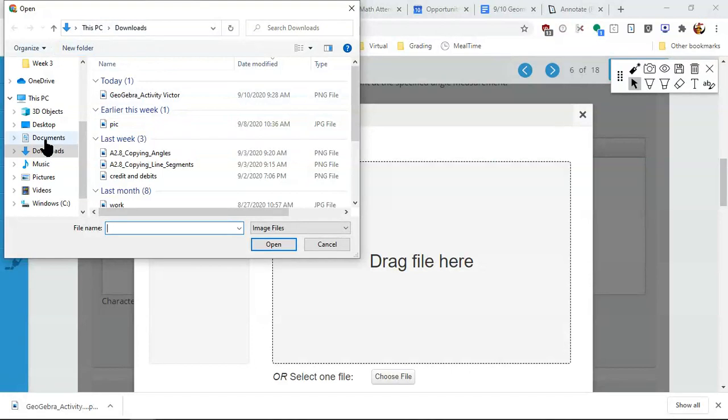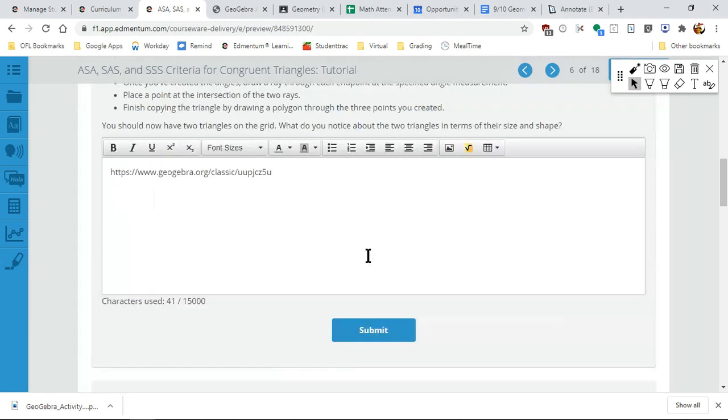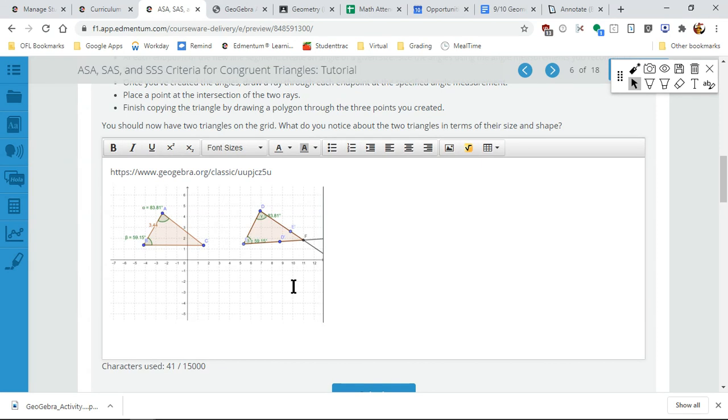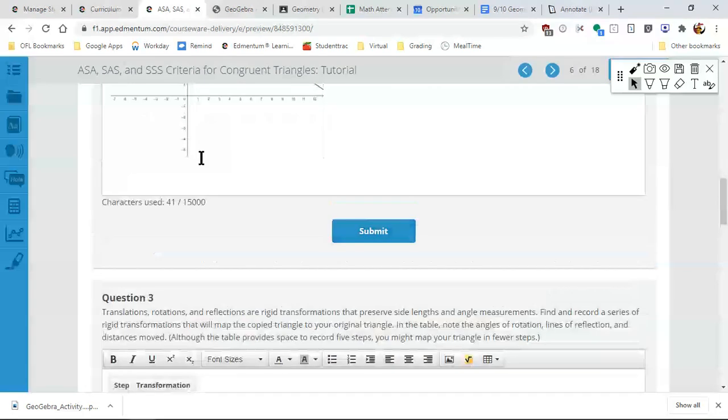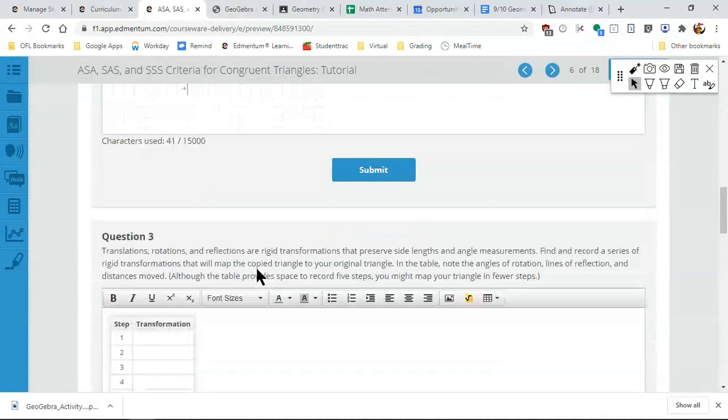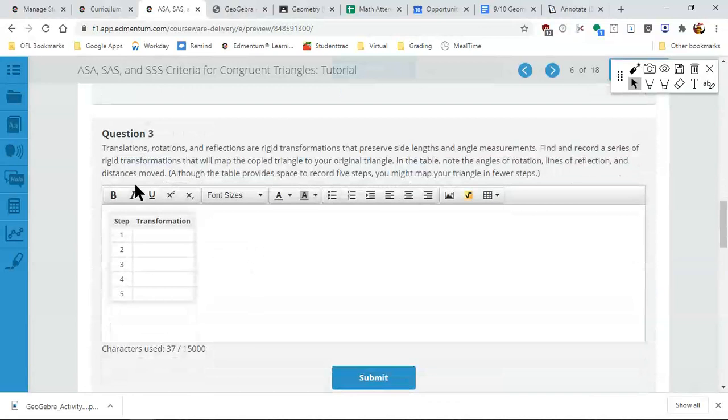Mine is already at download, so you might have to find it yourself. I'm going to click that. Boom. Saves it up. So having both is good. It'll have your image and your link, so we can verify that it was you who did it.